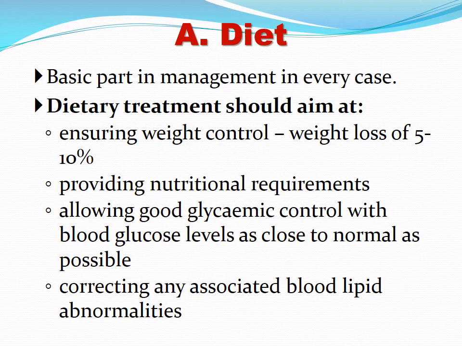Dietary treatment should aim at ensuring weight control, that is, give him a good diet to ensure his weight control in obese people, providing a nutritional requirement for the patient, allowing good glycemic control with blood glucose level as close to normal as possible, and correcting any associated blood level abnormalities.